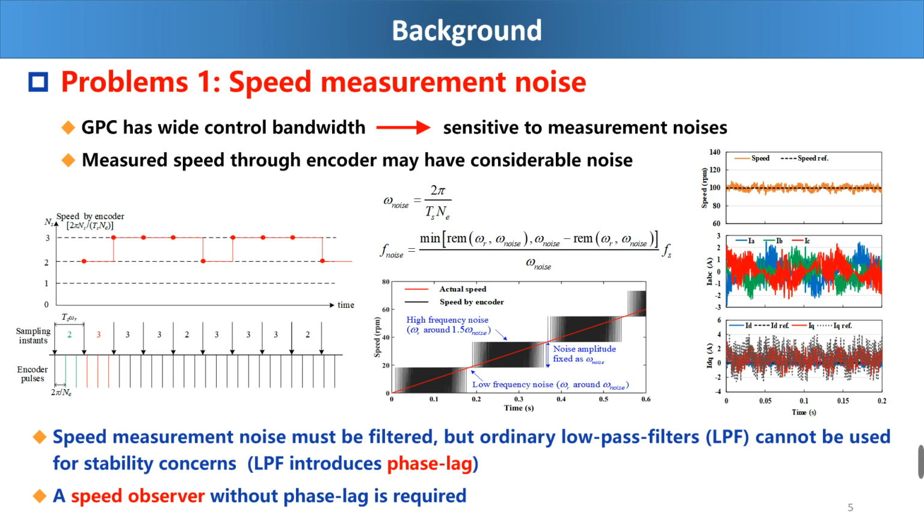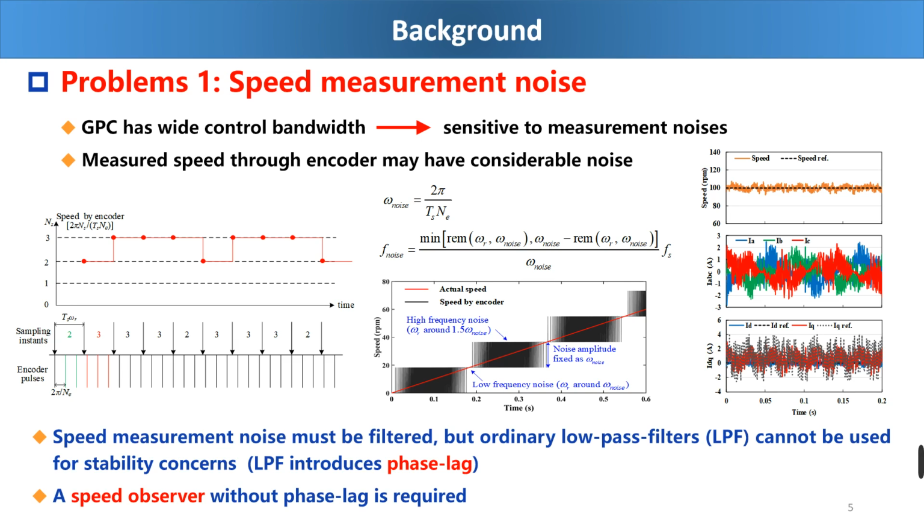In this figure, we can see that even if the actual speed is fixed, our calculated speed can still have some noise. For example, in some sampling periods we will only count 2 pulses, and sometimes we can count 3. So according to this pulse number, the calculated speed will also have some noise.